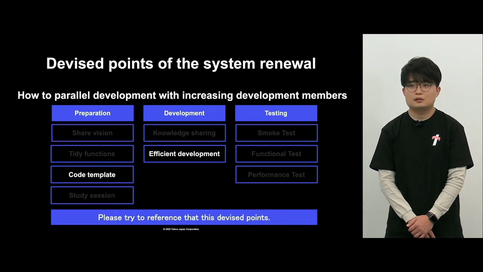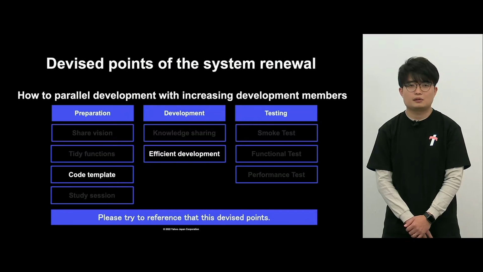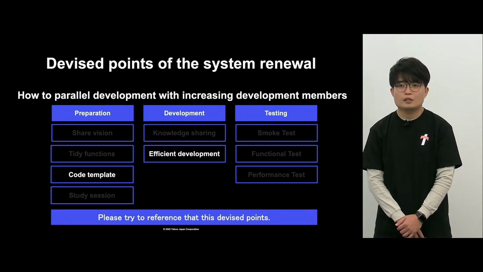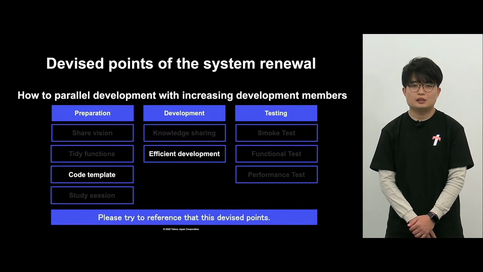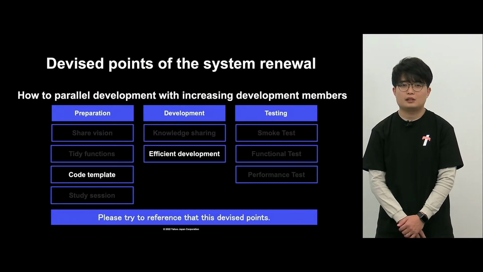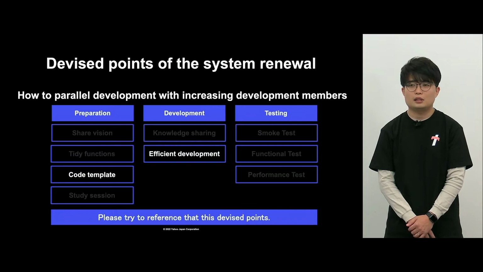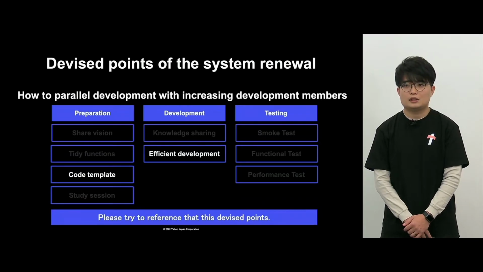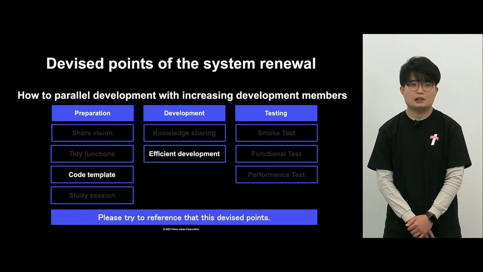In a large-scale system refresh, there are members coming and going, but we have to do parallel development. So template of codes and common libraries will help to make the development work efficient.